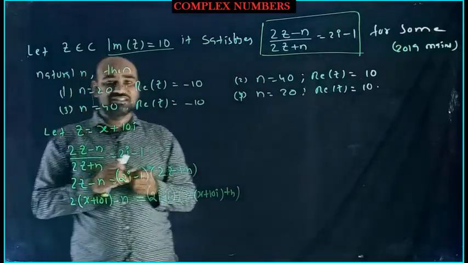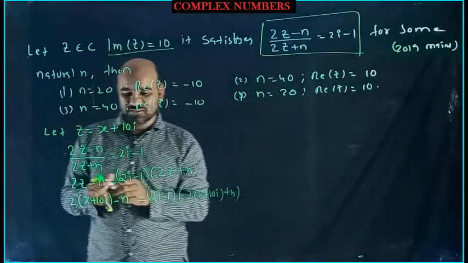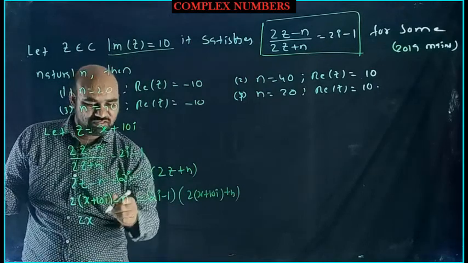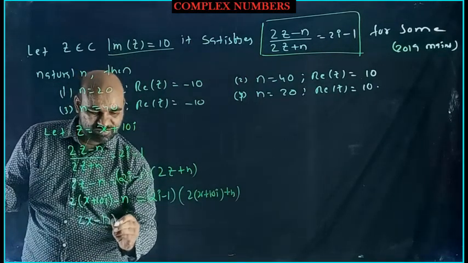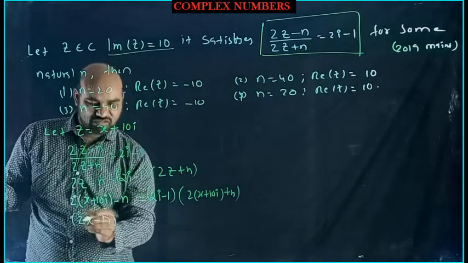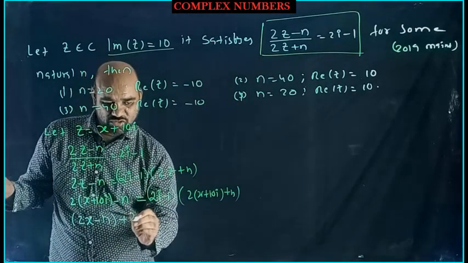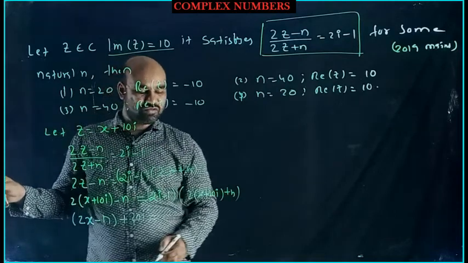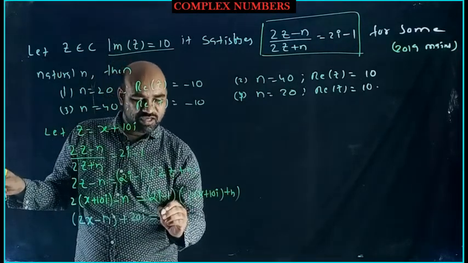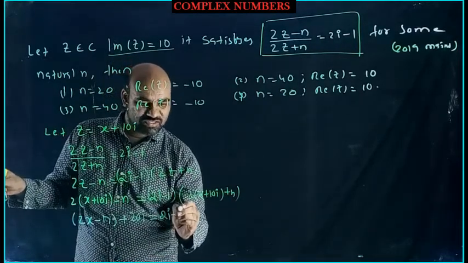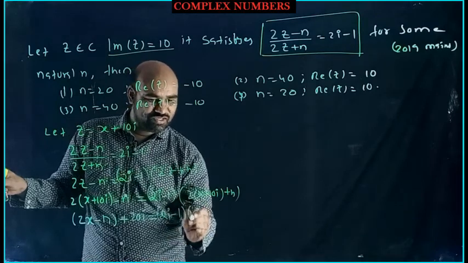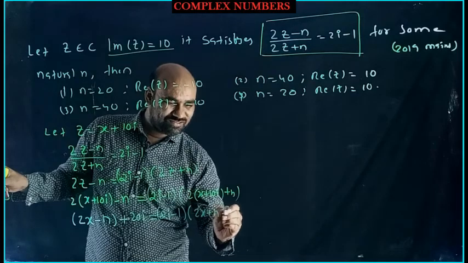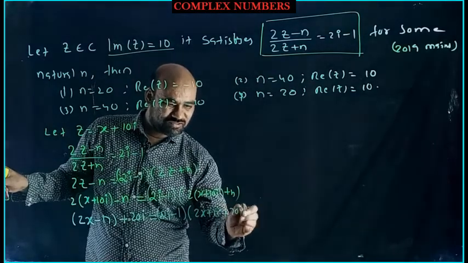Now we want to separate real and imaginary parts. So here 2x minus n plus 20 iota, this LHS part, is equal to, I just want to multiply, (2 iota minus 1) into (2x plus n plus 20 iota).